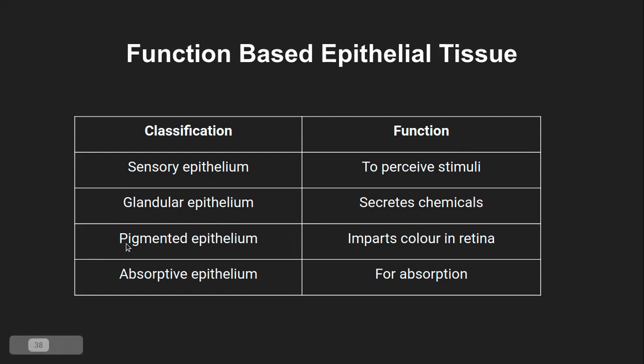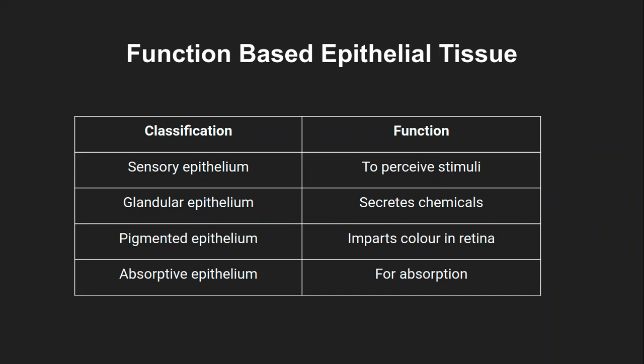Then pigmented epithelium. Again, in the skin as well as in the retinal structure, it will impart color to the eyes, right? Not only to the retina, but to the eyes in general. Skin also has pigmentation, which is called melanin, and that decides the skin color.